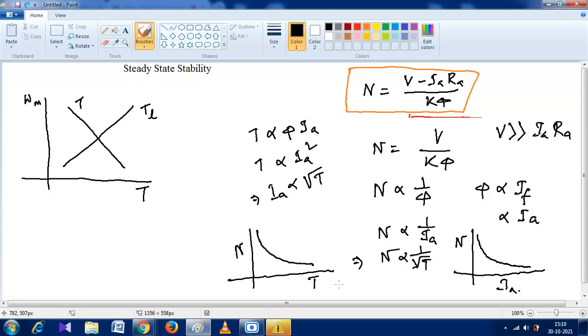Not only inversely proportional, the speed is inversely proportional to the square root of the torque. From that equation we get N is proportional to 1 by root T. If we plot that, then the curve is like that.